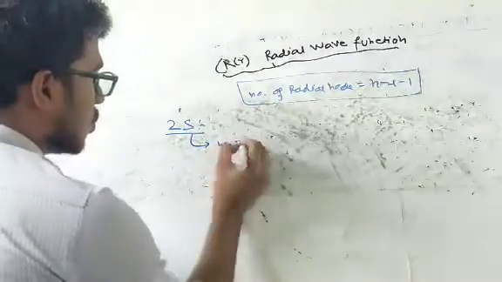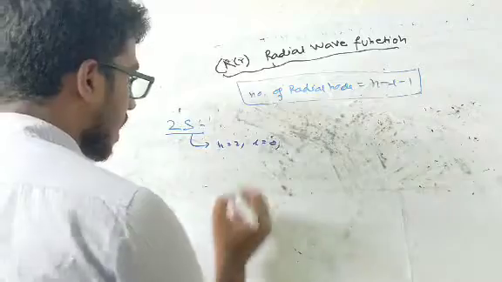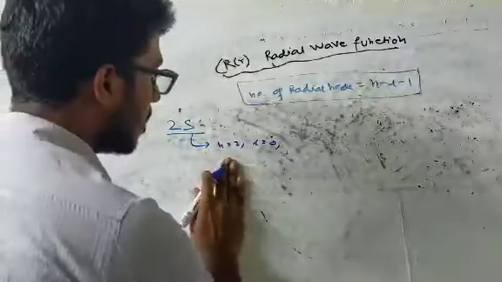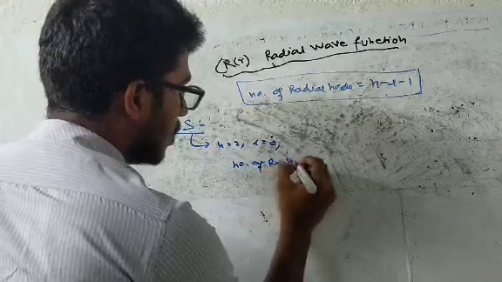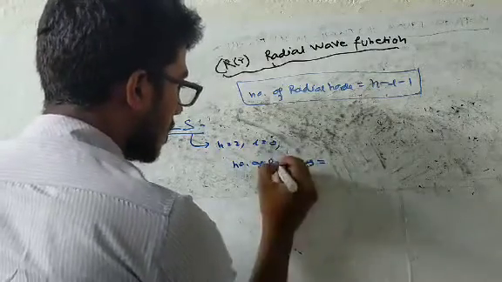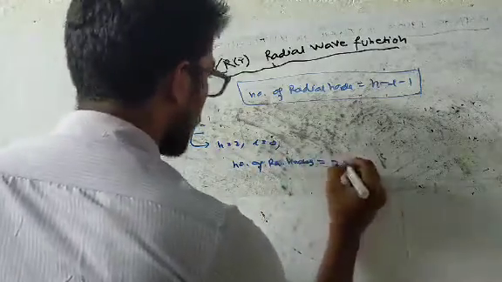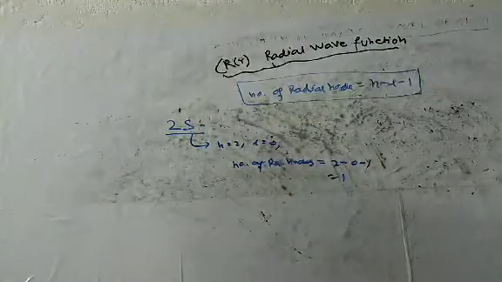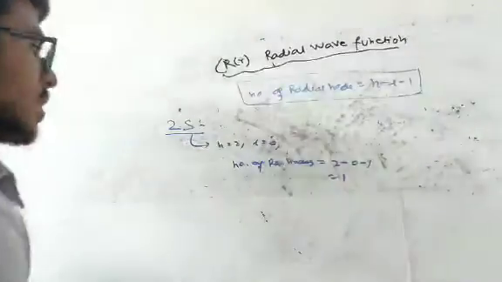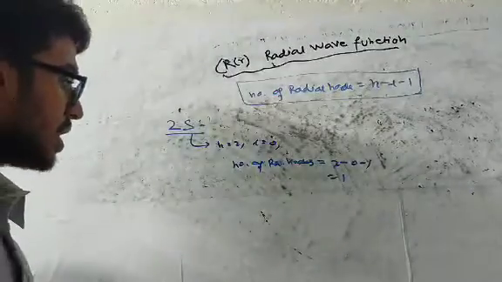So n equals 2, l equals 0. The number of radial nodes equals n minus l minus 1, which is 2 minus 0 minus 1, so that is 1. So my number of radial nodes is 1.